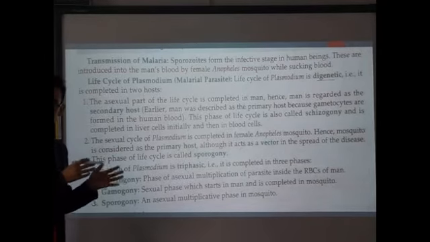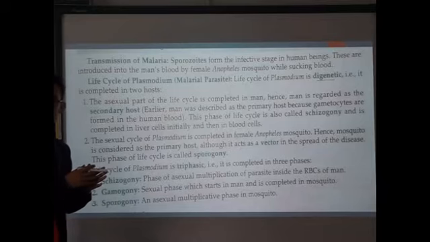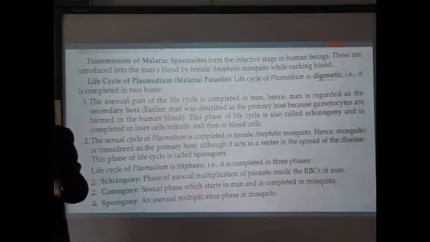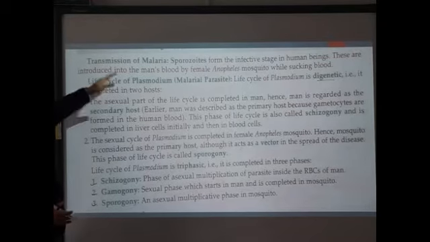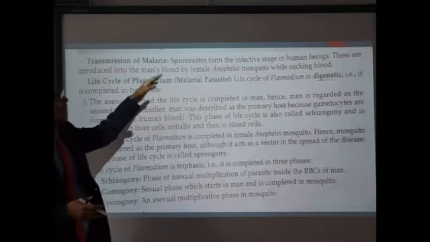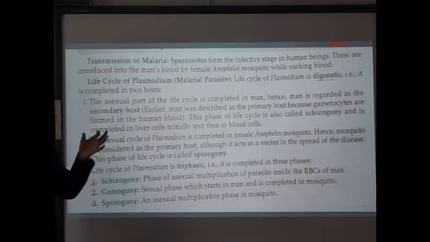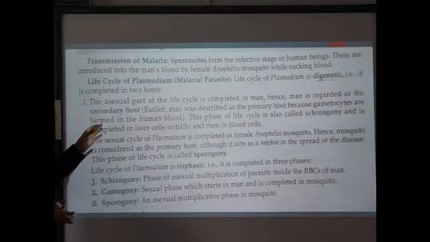So remember carefully that the asexual phase is completed within the body of human being, where they rapidly multiply through asexual reproduction, and the sexual phase, where there will be fusion of gametes leading to the formation of sporozoites, occurs within the body of the mosquito. So the asexual part of the life cycle is completed in man. Hence, human being is also regarded as the secondary host.